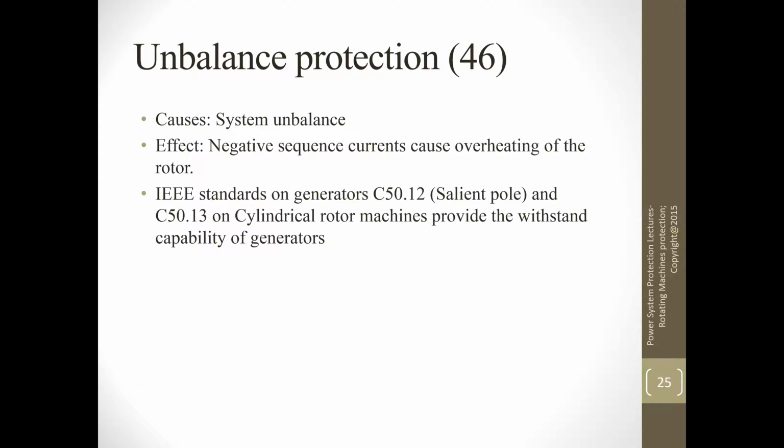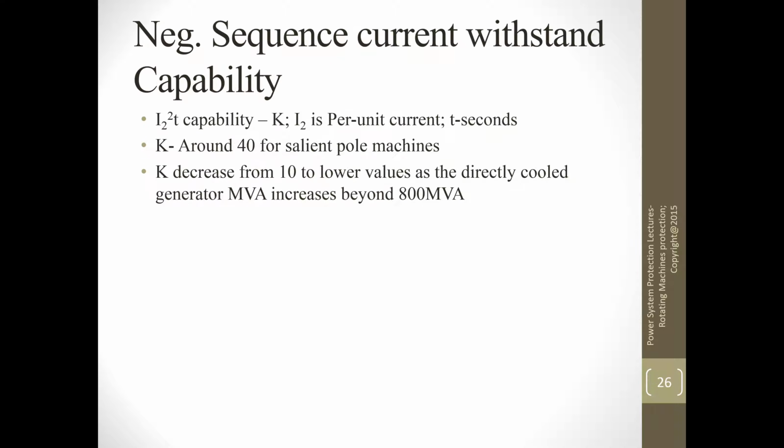And then there are limitations on this which cause overheating. So IEEE standards C50.12 and C50.13 provide you with withstand capability curves for the generators, and the withstand time, or duration of how long it can withstand these types of unbalances.